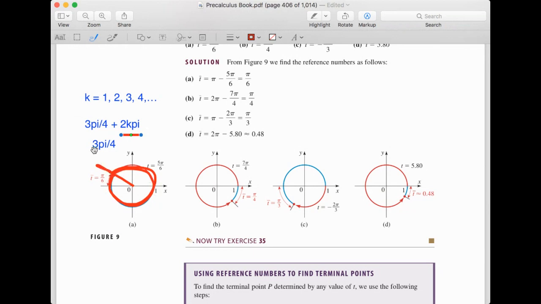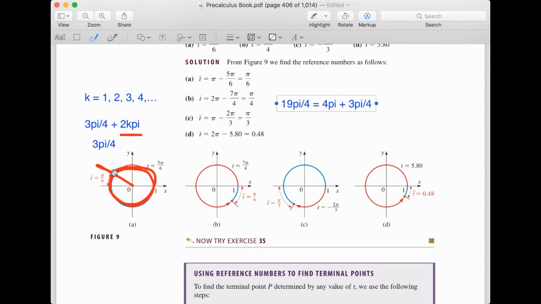So here, 19 pi over 4 can be simplified as 4 pi plus 3 pi over 4. So 3 pi over 4 is here. That means I just run around 2 more circles, but I end up at the same point.